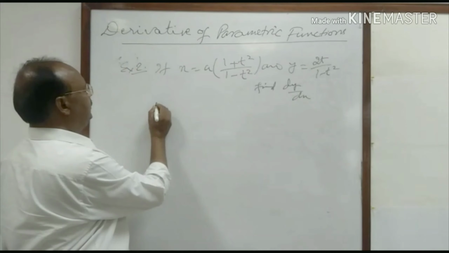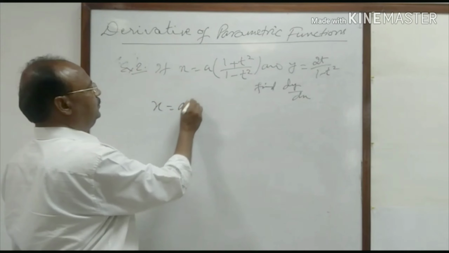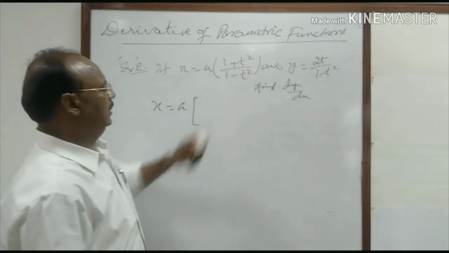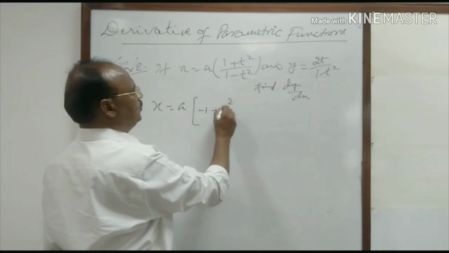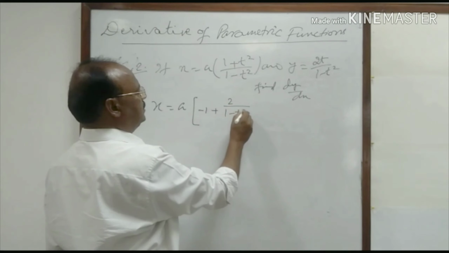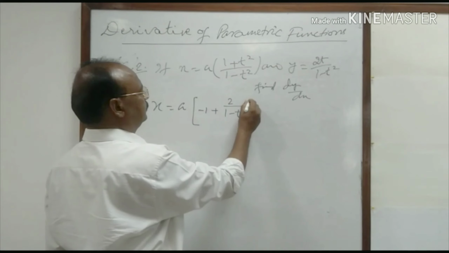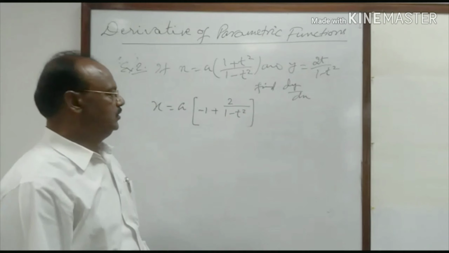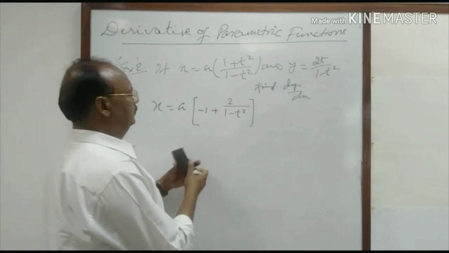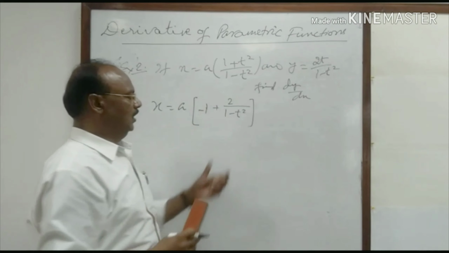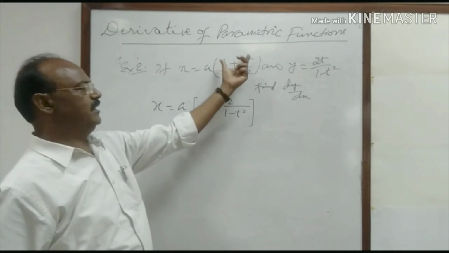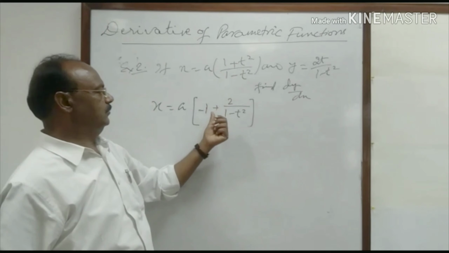So we can write x is equal to a, and we can write this expression as minus 1 plus 2 upon (1 minus t square). After simplifying, we will get the same expression in the numerator also.